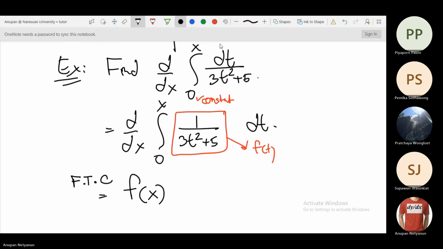Okay, but since your f is equal to this in terms of t, right? You want f of x, so you just replace t by x. So what you get is 1 over 3x squared plus 5. That's it.